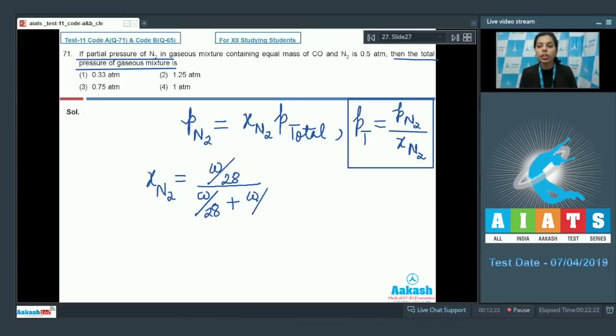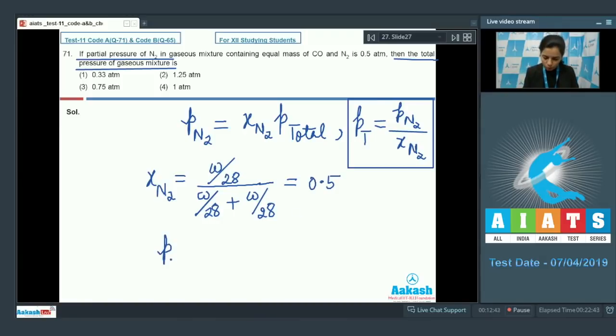We know W is the equal weight of carbon monoxide as well as nitrogen, that's why I've taken W here and divided by the molar mass of carbon monoxide, that is 28. If you solve this for the value of X N2, that would be 0.5.